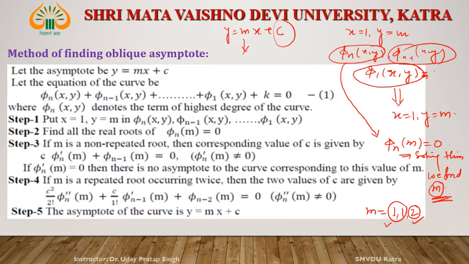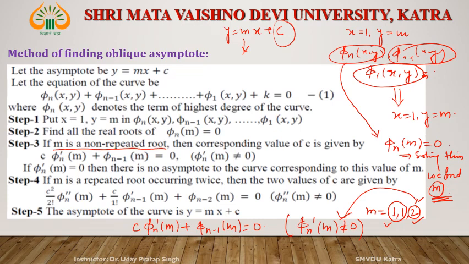See, if m is a non-repeated root, just like 2, then in this case we have to use this formula. What is the formula? C phi n dash m plus phi n minus 1 of m is equal to 0, provided the condition that phi n dash m does not equal 0 for this m, right?